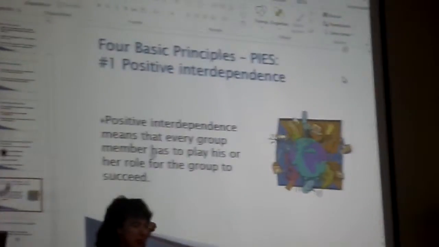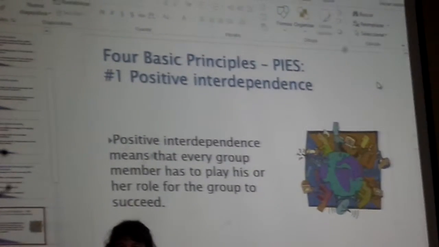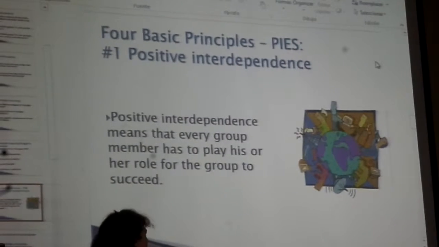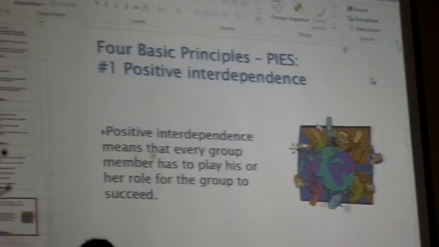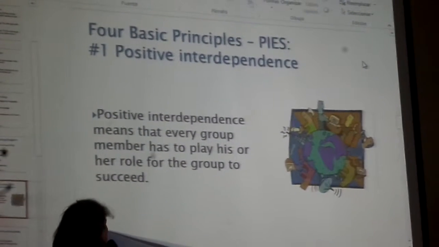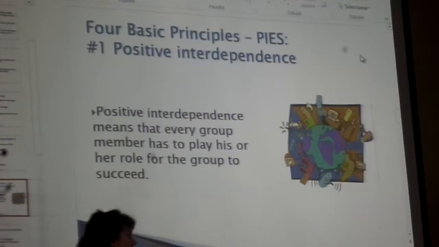Positive interdependence means that in the group, every member of that group has to play his or her role in order for that group to succeed.